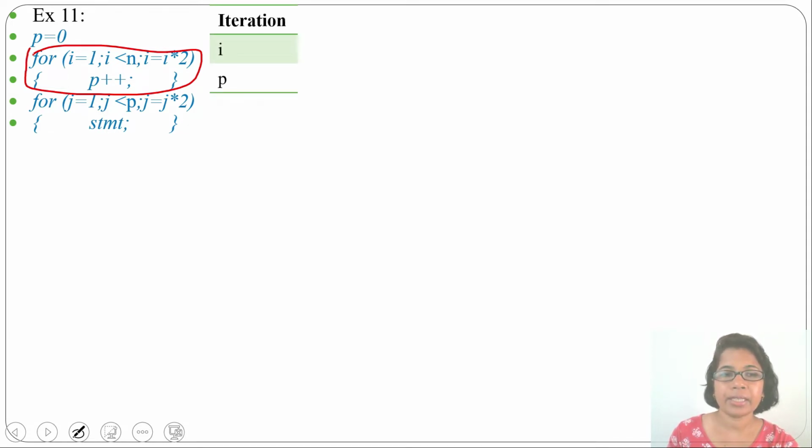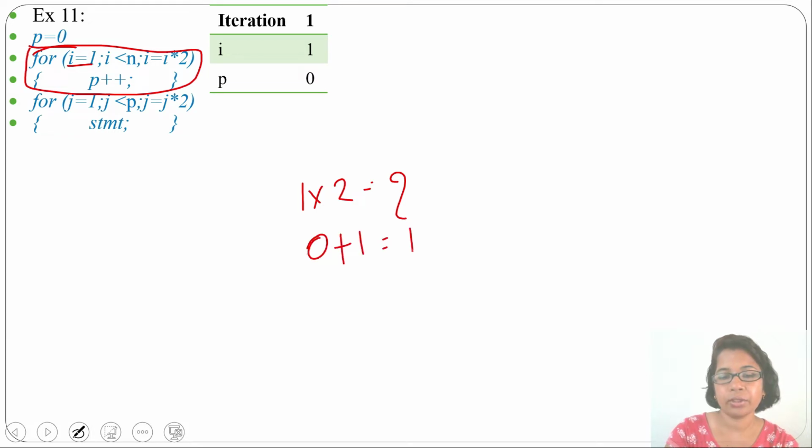In the first iteration, i value will be 1 and p value will be 0 due to initialization. In the next iteration, i value will be incremented as i multiplication 2. So 1 multiplication 2, it will be 2, and p value will be incremented by 1. It was 0, now 0 plus 1, it will be 1.